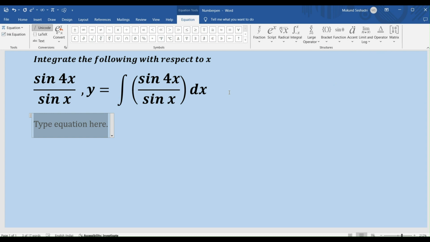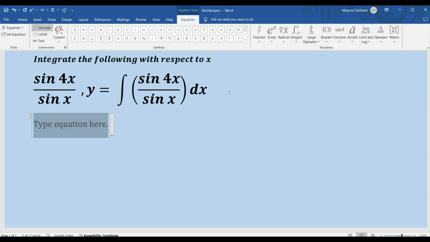So I have a sine 4x in the numerator and a sine x in the denominator. So the thought process has to be, how do I go about eliminating the sine x in the denominator, right? And this is just one of the ways of doing it. There could be multiple ways of doing it. And if you have found an easier way, please do comment in the description.